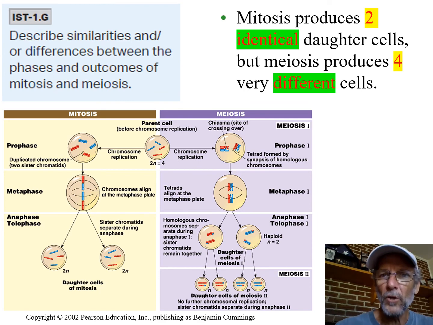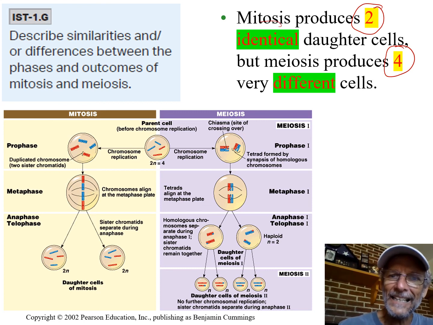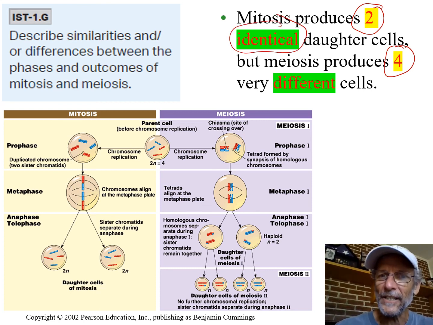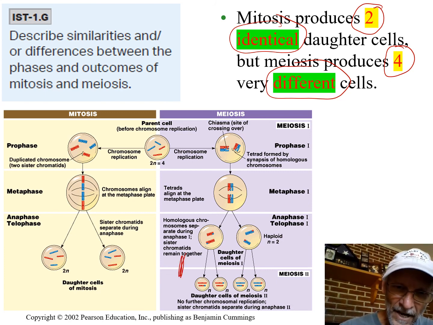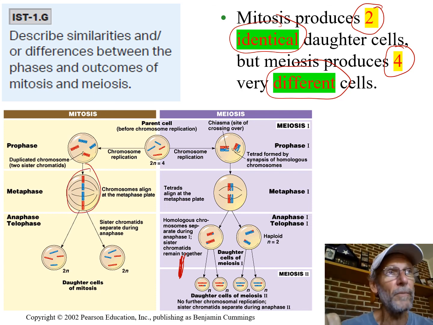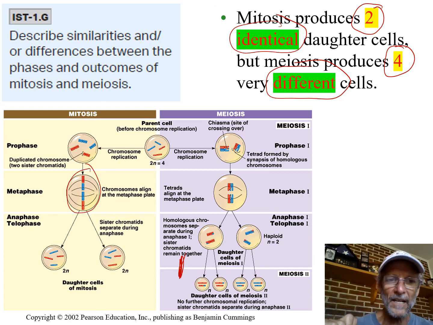Mitosis produces 2 as opposed to 4. That's a content thing. And identical genetically as opposed to different genetically, that's another content thing. The similarity comes in the separation again. And even though they didn't make the diagram here, remember that this separation of sister chromatids in meiosis 2 is exactly the same as it is in mitosis.